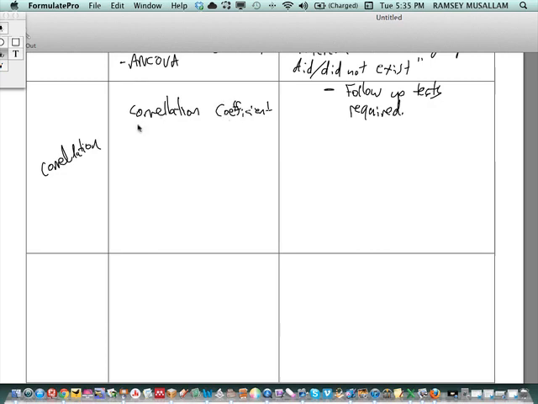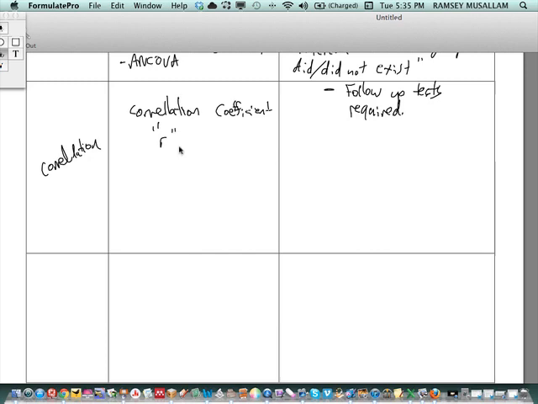Okay, and the correlation coefficient is a little r. That's what you'll see. And there's an actual name you might see. Okay, it's called the Pearson product moment correlation coefficient. But as long as you see the word correlation coefficient, that's all you gotta remember.